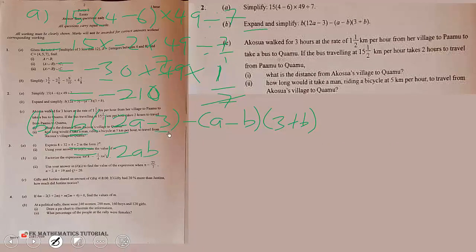B times this will give us negative 3B. Then minus A times 3 is 3A. Then A times B is plus AB. This times this is minus 3B. This times this is minus B squared.